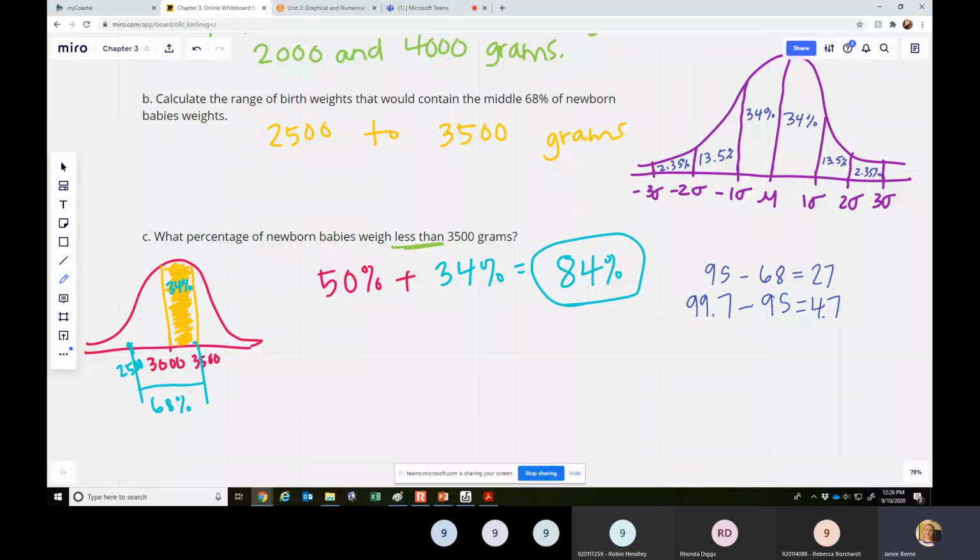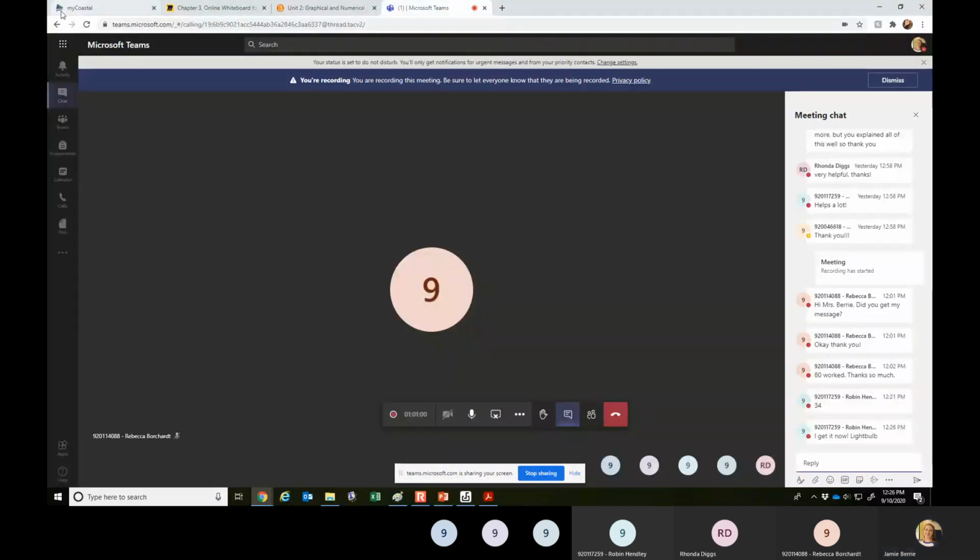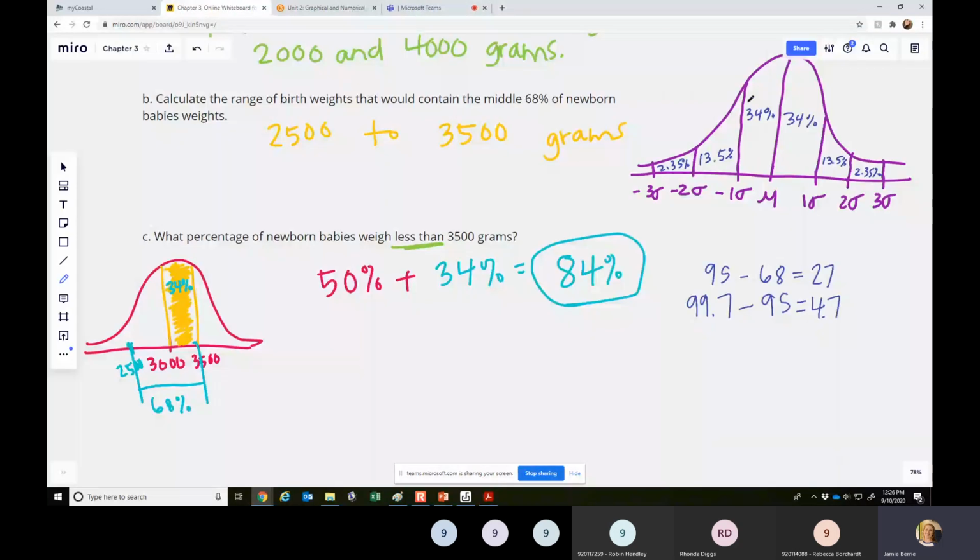Oh, good. I'm glad. I think I drew this out for someone else in the class. Somebody was doing this last week. They were ahead of us. And I thought this was a good way to explain it. But there is about 0.3% left over, and that's what's going to be in these tails out here. So you could do 0.3 divided by 2.